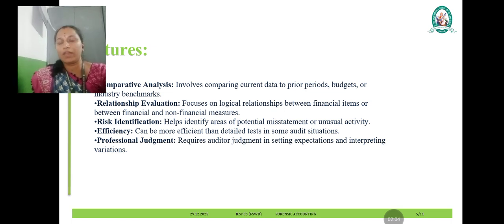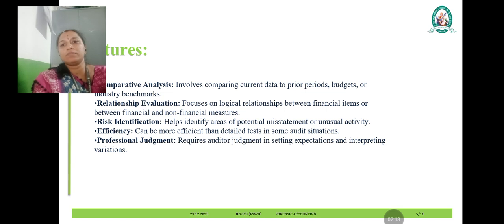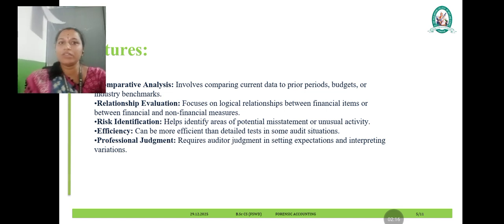Risk identification helps identify unusual fluctuations or suspicious transactions. Efficiency: sometimes analytical procedures are more efficient than checking every single transaction. Professional judgment: the auditor must apply judgment in setting expectations and interpreting variations.